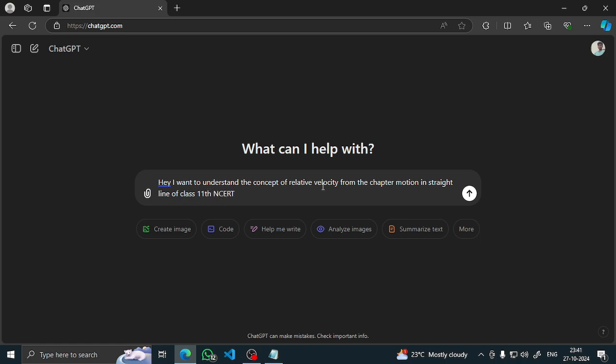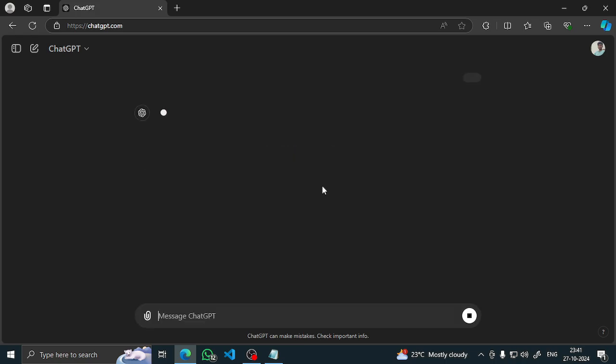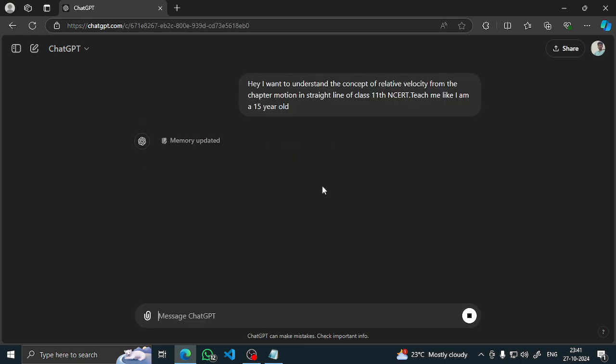So it will gather the information from the NCERT of class 11th and show that concept. And I'm going to add something: teach me like I am a 15-year-old. Yeah. So let's generate it and let's see what it does.